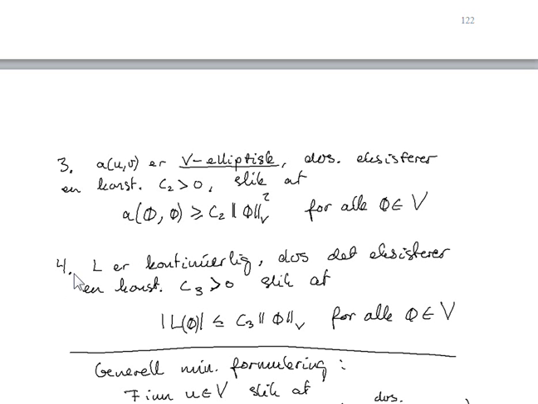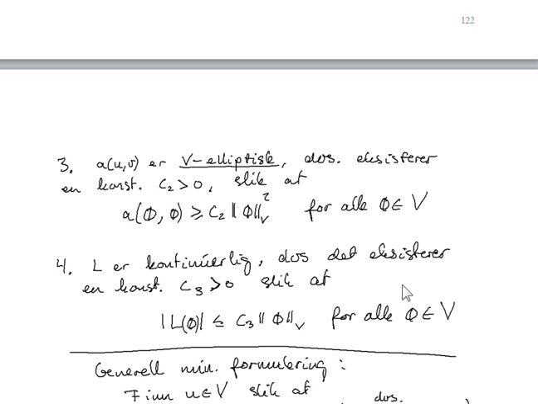The fourth property is related to the linear form L. It should also be continuous. Continuity for a linear form means that there exists some constant C3 larger than 0, such that the absolute value of L of phi is less than or equal to this constant C3 multiplied by the norm of phi.